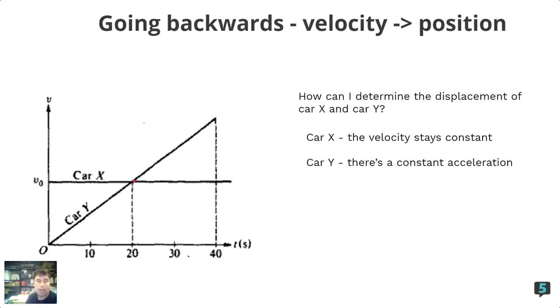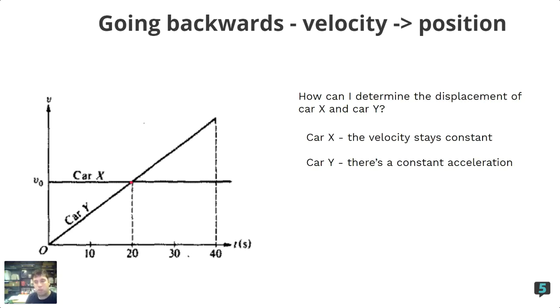So for car Y, it would be 1/2 of 20 times V naught, or 10 V naught. So what that means is at this 20-second point, car X has gone 20 times its speed, and car Y has only gone 10 times its speed in terms of distance.